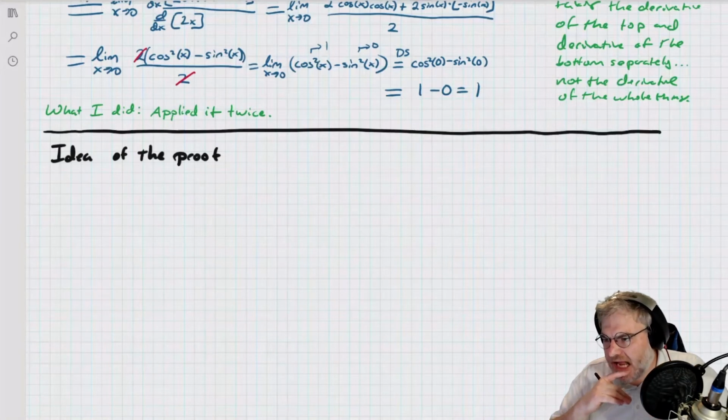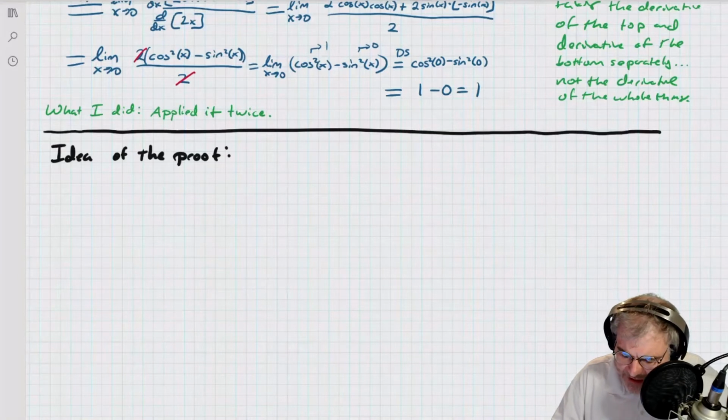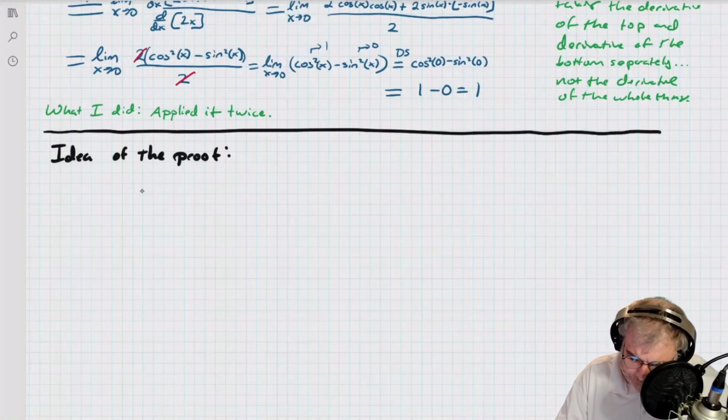Okay? So the first part of it is this ratio of the secant lines, right? m_f(a, b) over m_g(a, b), and it's not, by the way, b. It's x. So the idea of the proof is this.